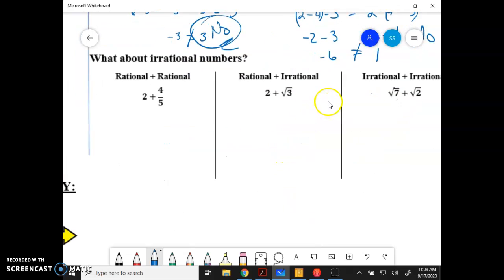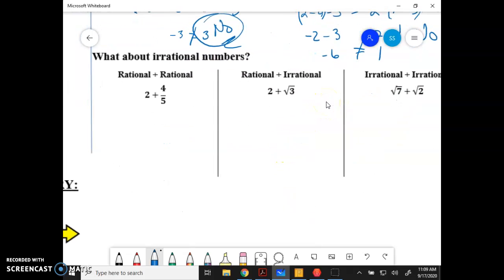All right, what about rational numbers? So let's see. Two rational numbers together will always make another rational number. So two rationals together will make another rational number. What about an irrational and a rational? Well, let's see. I would just type this into my calculator. I'm going to do that right now.